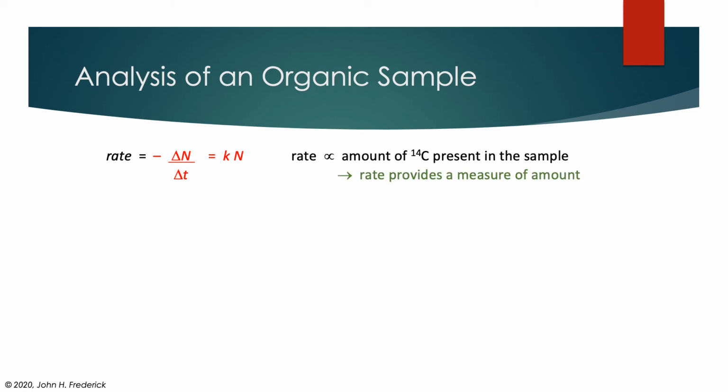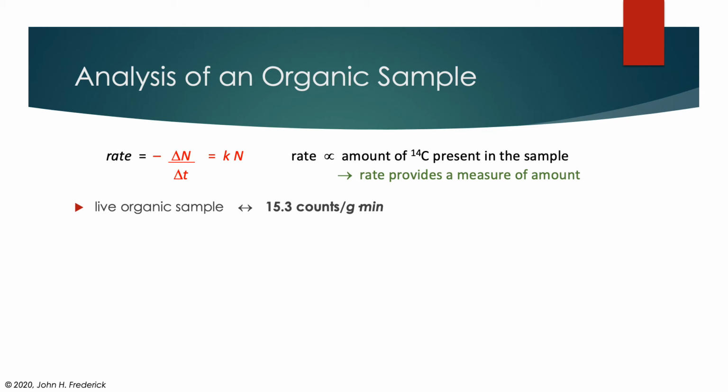In other words, the rate is proportional to the amount of carbon-14 present in the sample. Interestingly, this provides us with a way to measure that amount. If we can record the rate, and we usually do this with a Geiger counter, that can tell us something about the percentage of that particular isotope in the sample.